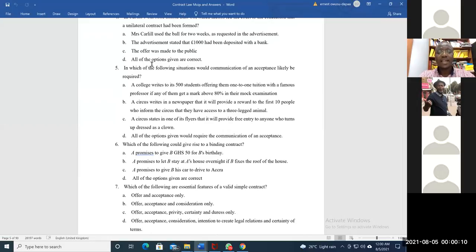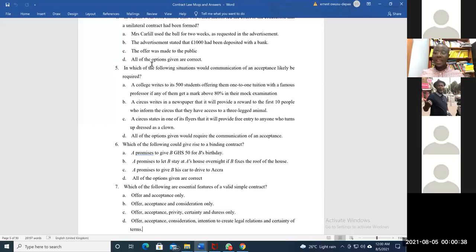B, a circus writes in the newspaper that it will provide a reward to the first 10 people who inform the circus that they have access to a three-legged animal. C, a circus states in one of its flyers that it will provide free entry to anyone who turns up dressed as a clown. And D, all the options given will require communication of acceptance.